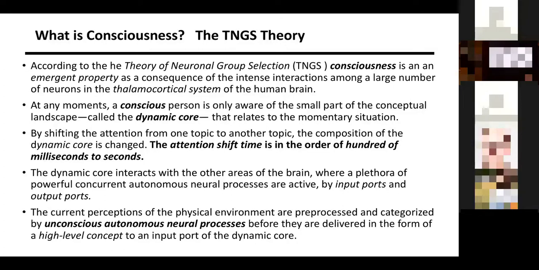If you, for example, start a sport, originally the commands are conscious when you start skiing or riding a bicycle or playing a musical instrument. And if you do enough practice, it moves to the unconscious and you can give a higher level command and the whole thing will unfold. That means we can change the physical structure of the brain by training and by learning. And that's, I think, an important issue.